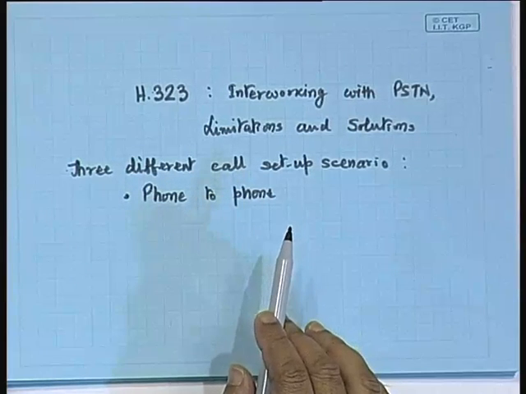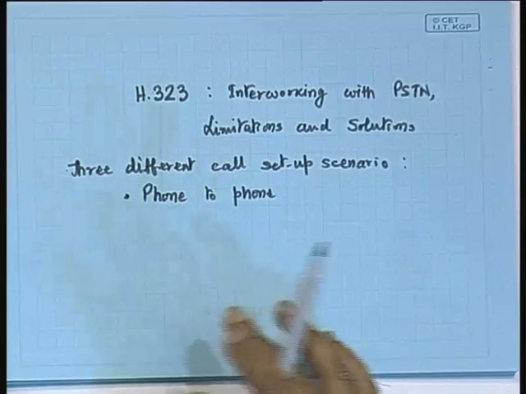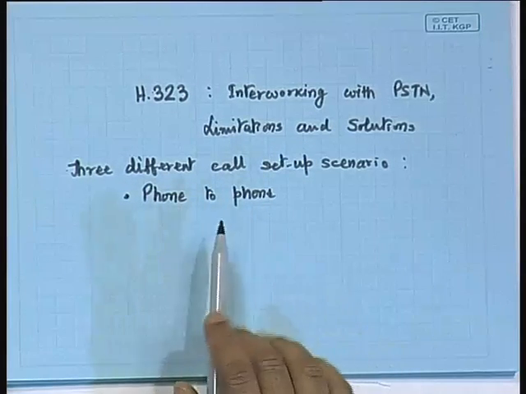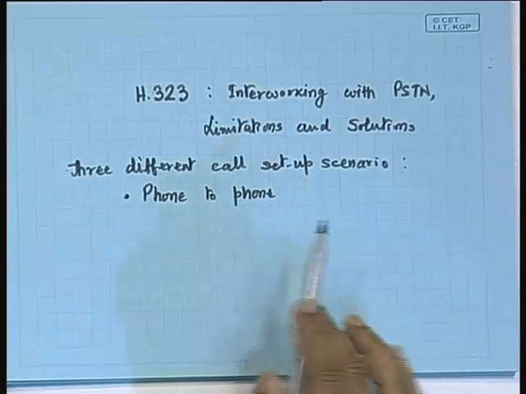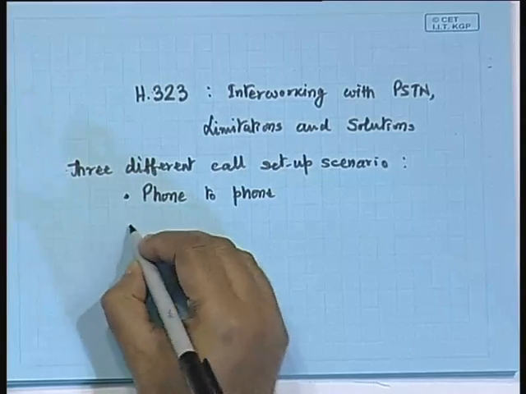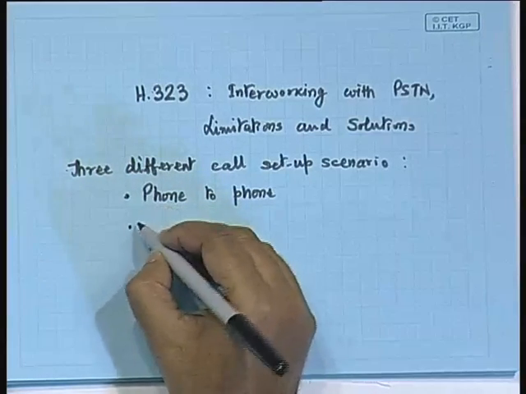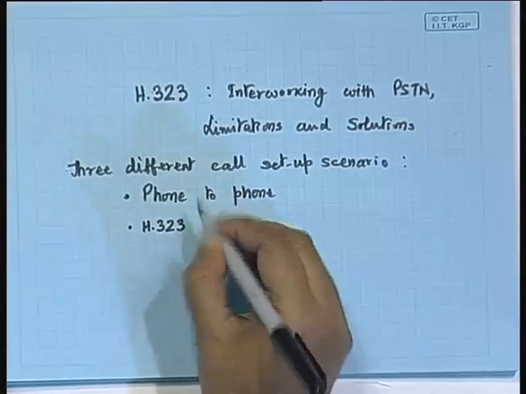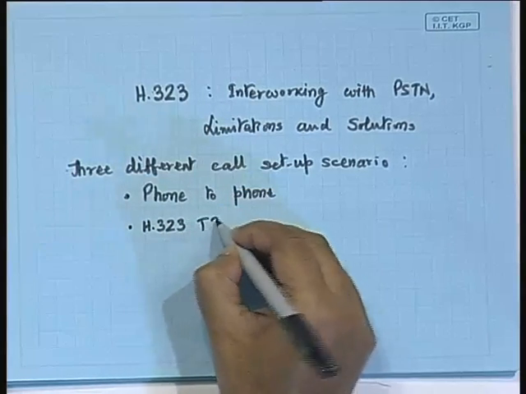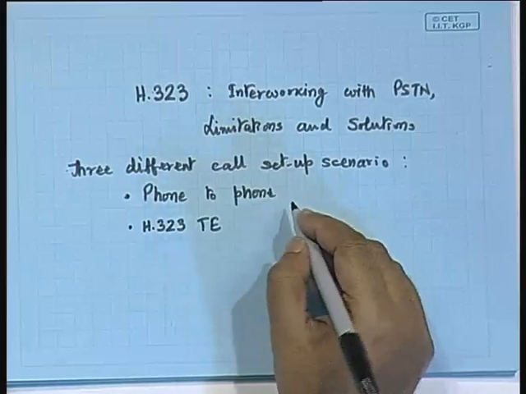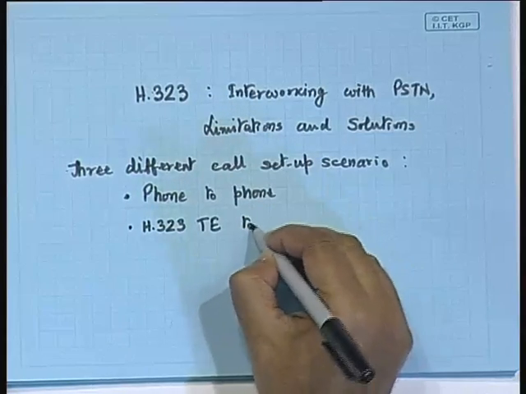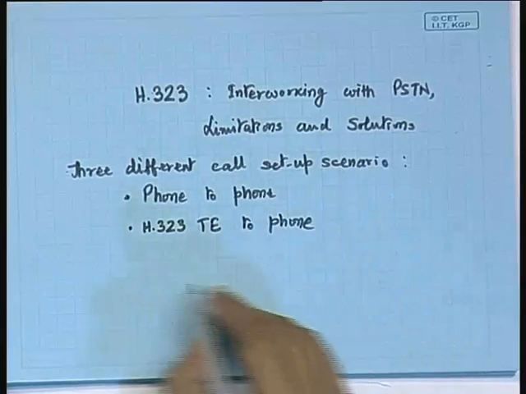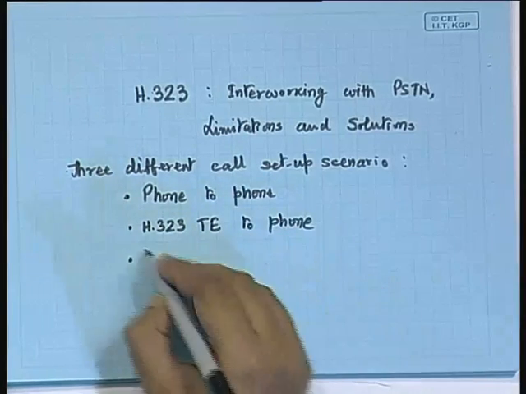So, IP will be used as a backbone, or at least a part of the backbone would be the IP, but ultimately it is one PSTN phone to another PSTN phone. Then you can have an IP telephone, or what you can say as the H.323 terminal equipment, and from H.323 terminal equipment you can connect to a PSTN phone.